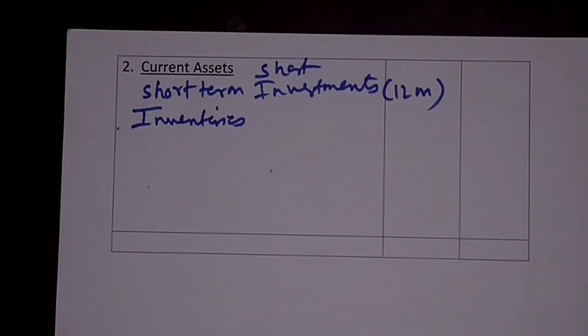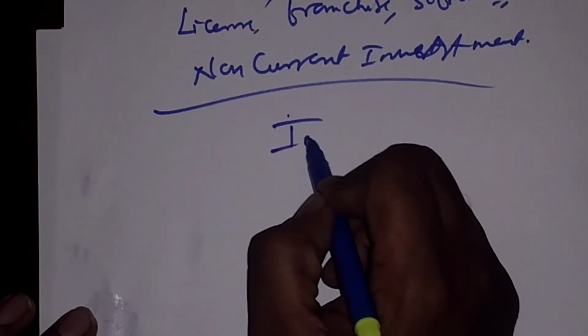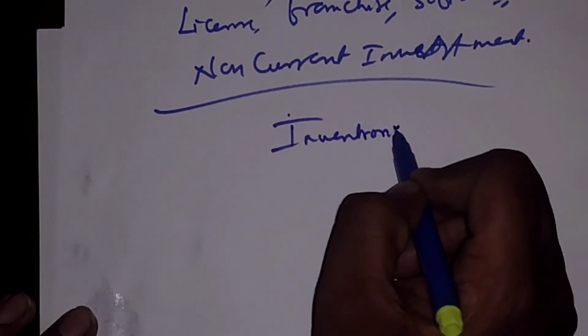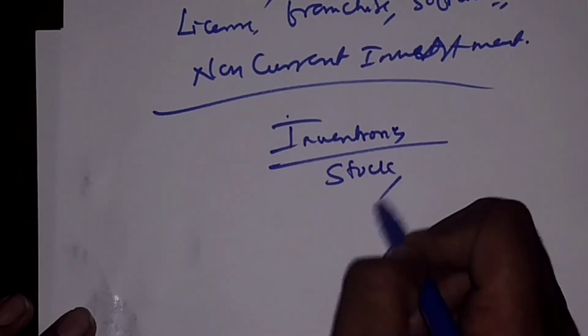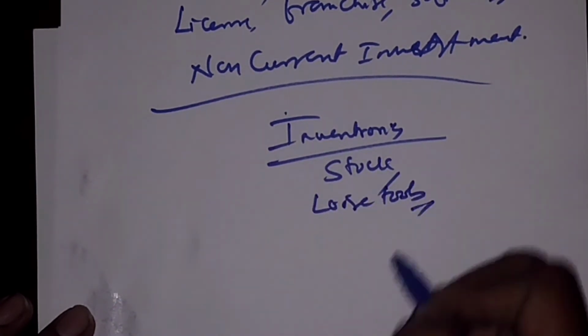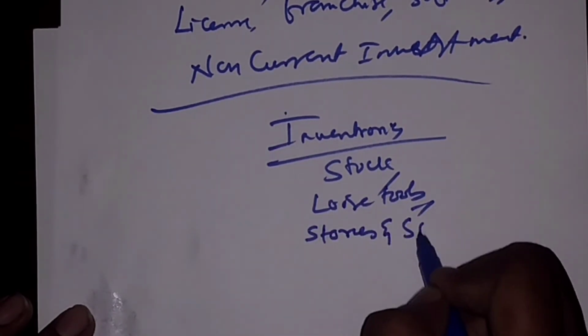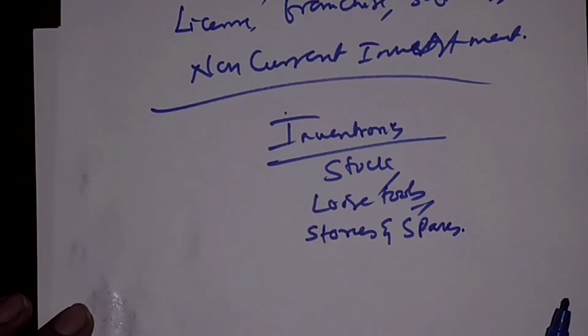So inventories include stock, loose tools, and stores and spares. All this we call inventories.